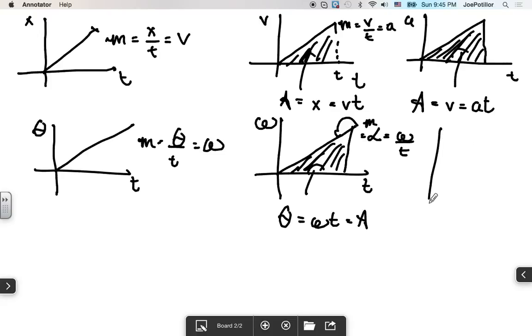And the same holds true for its angular acceleration time graph. The angular jerk is measured here, and this area is of course its angular velocity. But we'll go into more detail about that later.